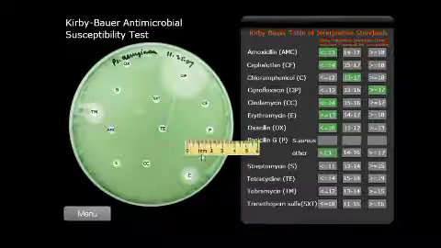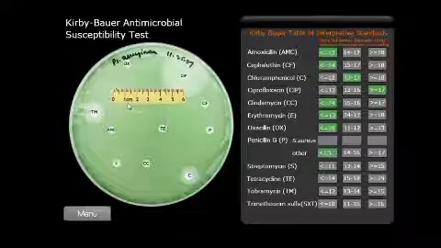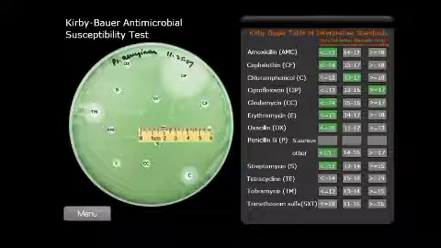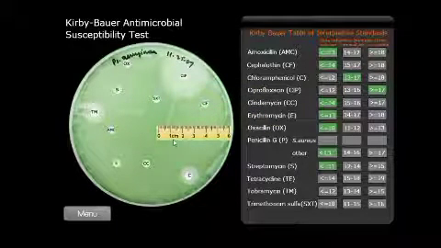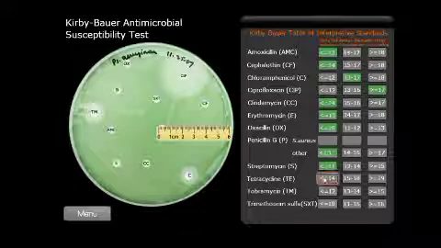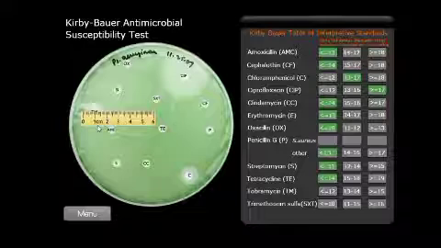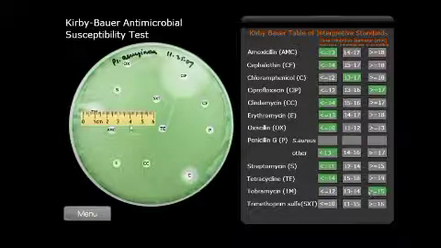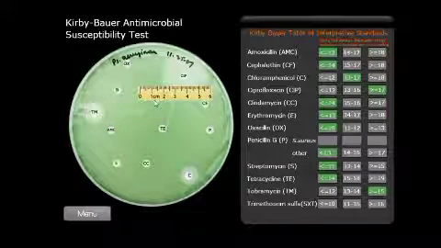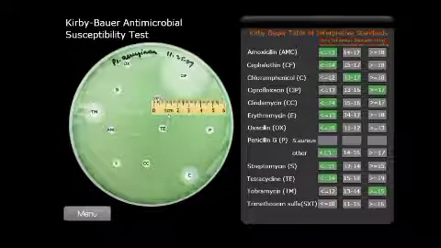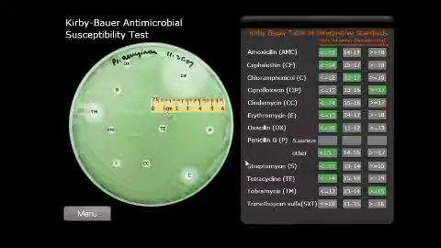S, 7, which is resistant. TE, 7, which is resistant. TM, 18, which is susceptible. And lastly SXT, 6, which is resistant.